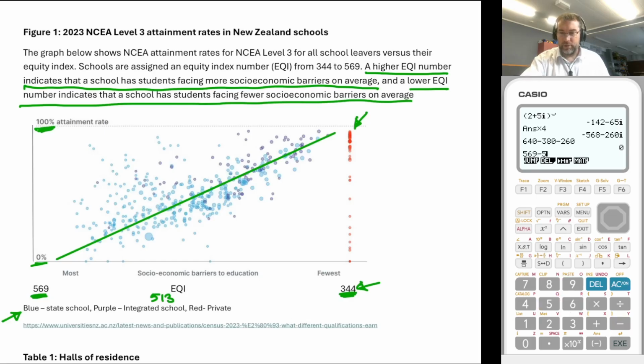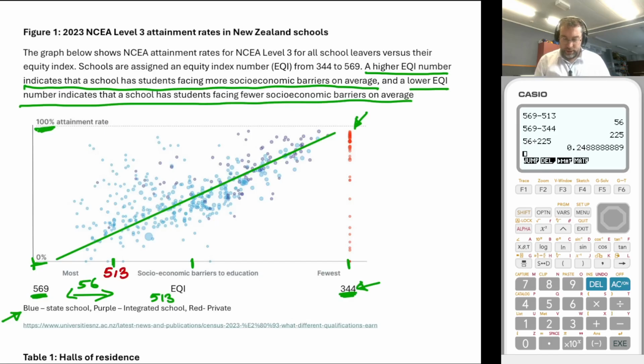That's 56, so the gap here is 56. The total distance, 569 minus 344, is 225. So 56 divided by 225 tells me how far along the scale I should be. It's about 25% of the way along. If I look at my scale from here to here, halfway is there, 25% is there, so that is about where 513 is.